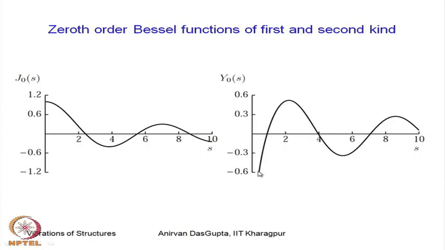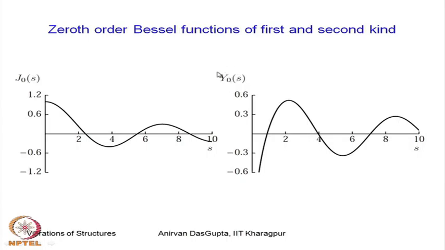What this means for our membrane is that at r equal to 0, this function is going to introduce a logarithmic singularity. That means this is going to go to minus infinity, which we do not want. Physically we do not have this kind of behavior. So, we must drop this function from our solution.